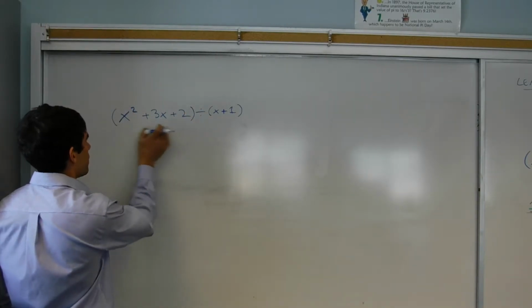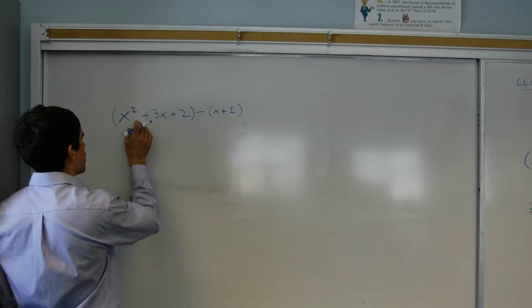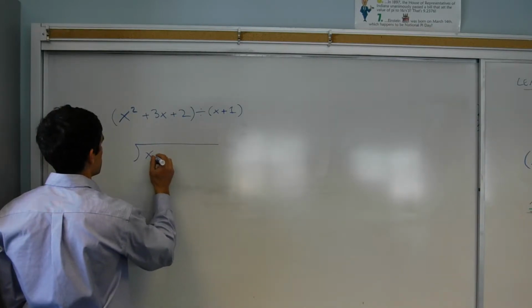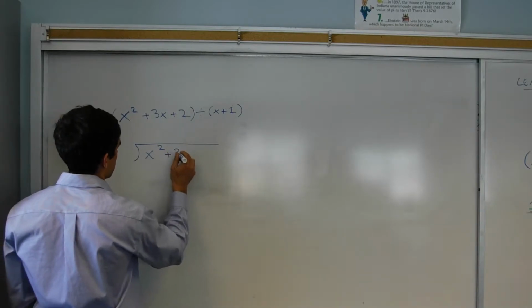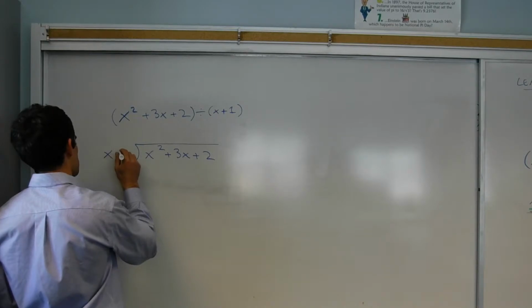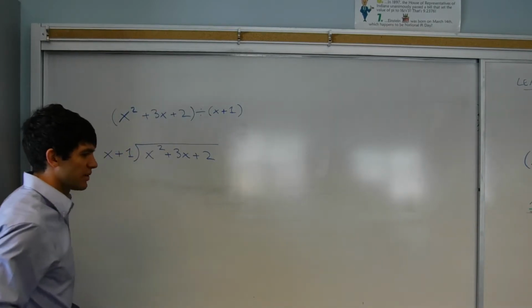So again, we're going to put the term with the higher degree inside our house. So we get x squared plus 3x plus 2, and we put the smaller degree one outside.